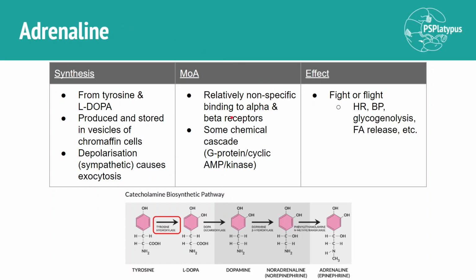And after this binding on the surface, it causes some chemical cascade through G proteins, cyclic AMPs or kinases, which we don't need to know the details of. But what we do need to know is that the final effect is a fight or flight effect with raised heart rate, blood pressure, increased glucose levels, and everything else necessary to help the body survive.